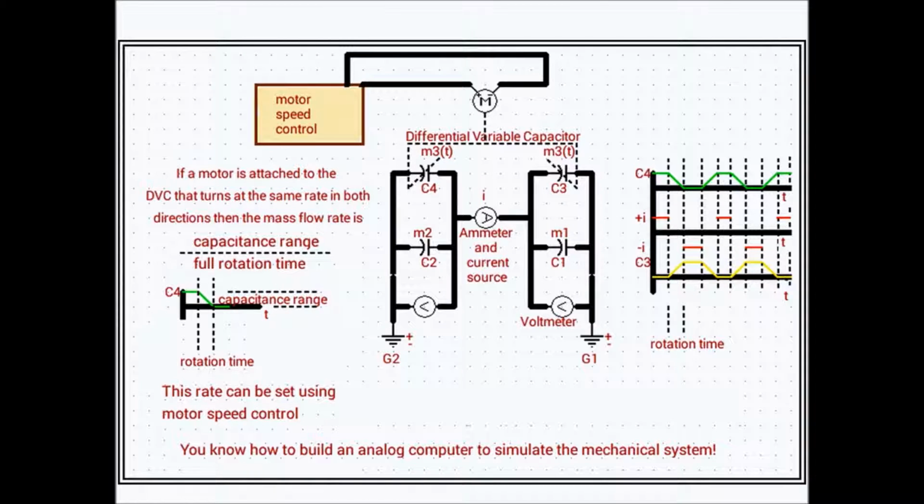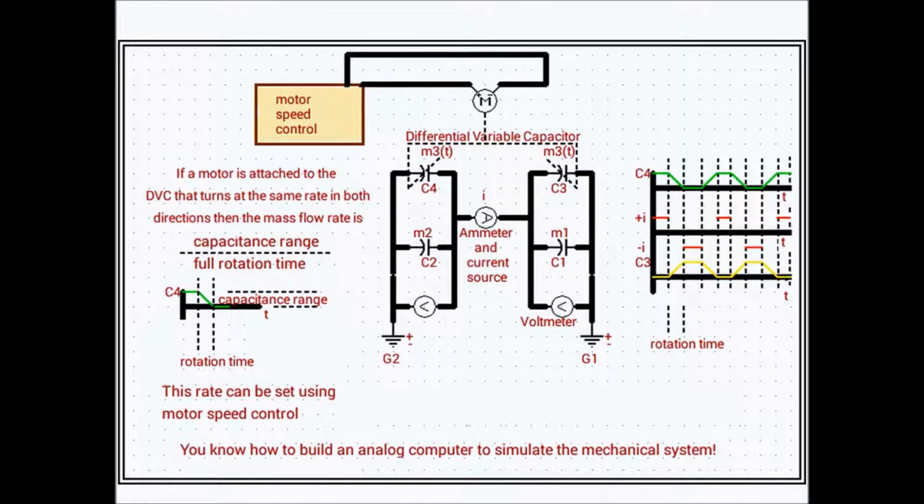So if the motor is attached to the differential variable capacitor, we call it DVC, that turns at the same rate in both directions, then we can calculate the mass flow rate that we were simulating as the capacitance range of the differential variable capacitor divided by its full rotation time.